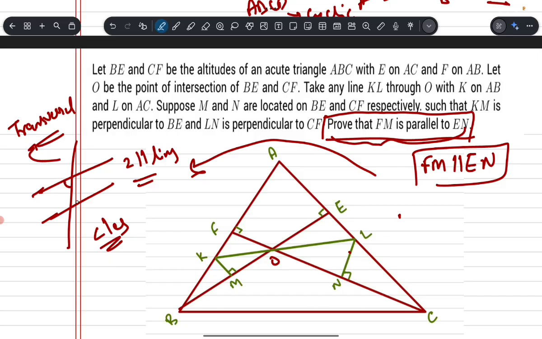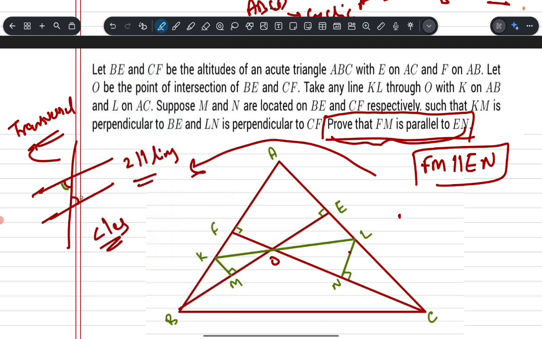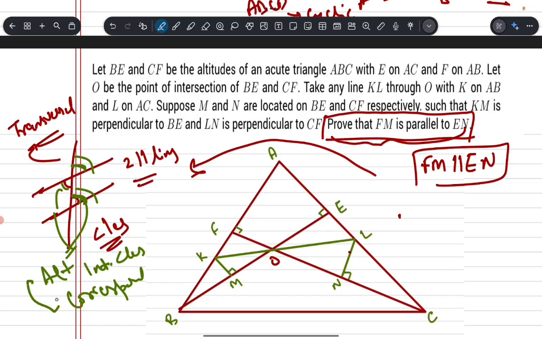Let's say this one. Let me use a different color. Alright. So this angle is equal to this, and this also is equal to this. These two were referred as what? Alternate interior angles. This and this were referred as corresponding angles. So we used to find these pairs, alternate interior, corresponding, and they used to be equal.